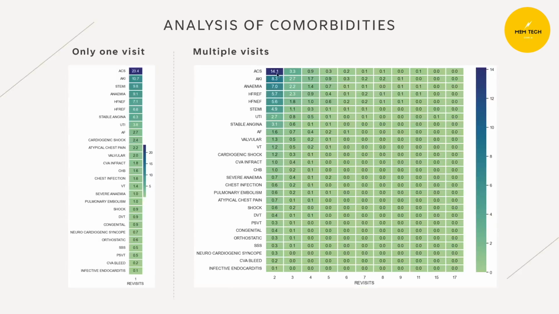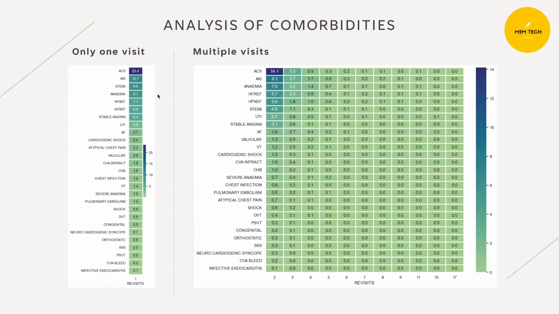So 14% of the patients with revisits had an acute coronary syndrome, 8.3% of these patients had an acute kidney injury, and 2.7% of these patients came back for a third revisit with the kidney injury. 3% came back for a third visit with the coronary syndrome, and so on.